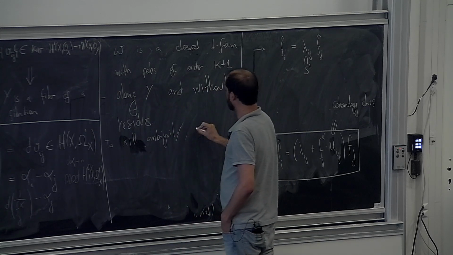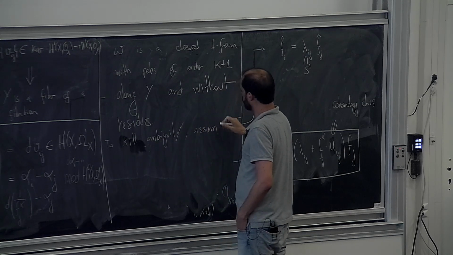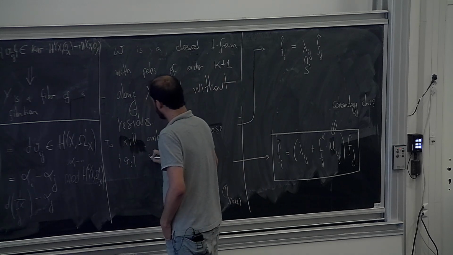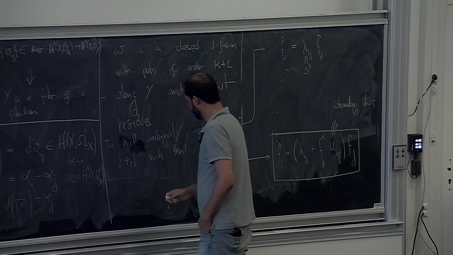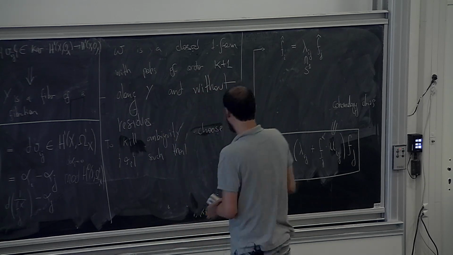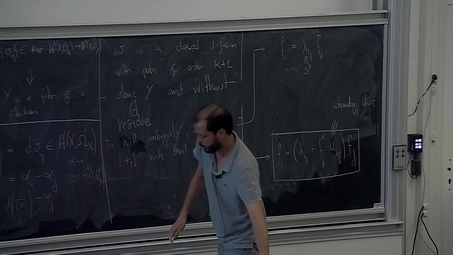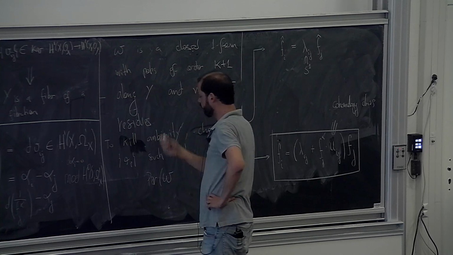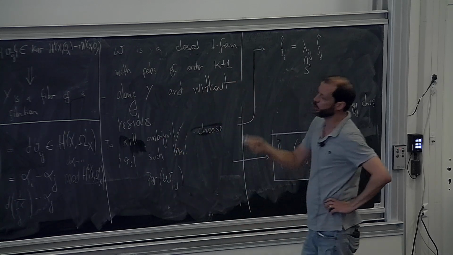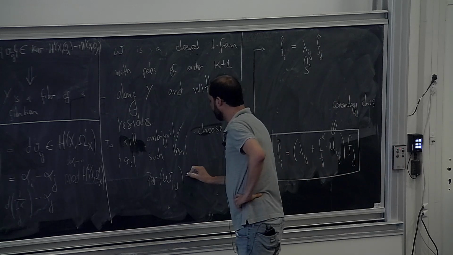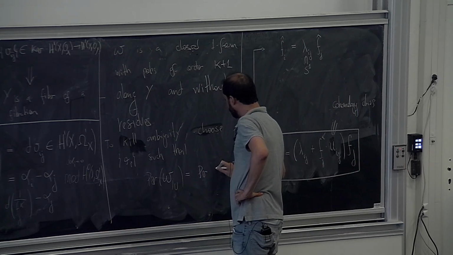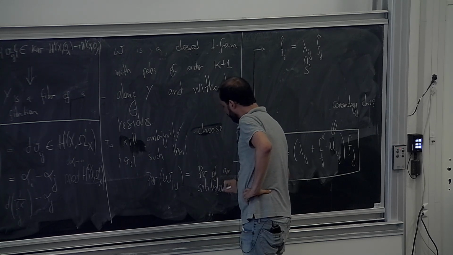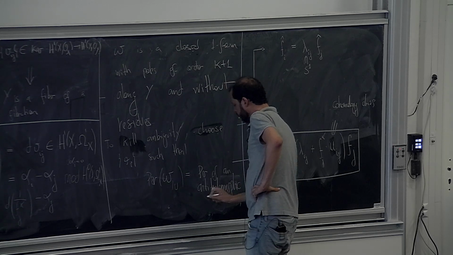we can choose alpha_i such that the periods of omega restricted to U, a neighborhood of Y, are the periods of an anti-holomorphic one-form.